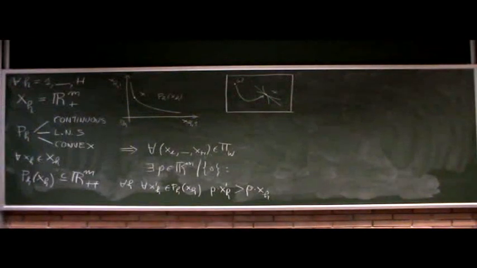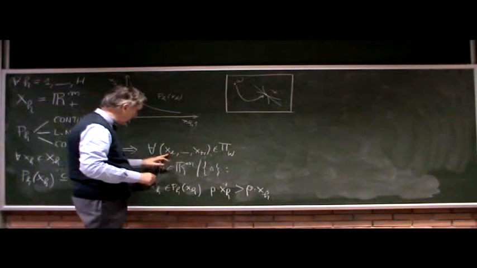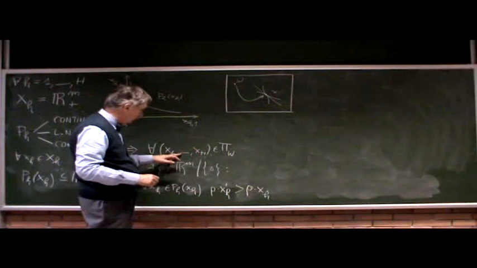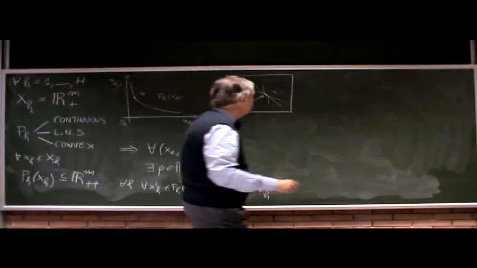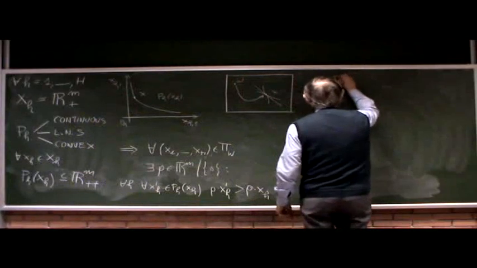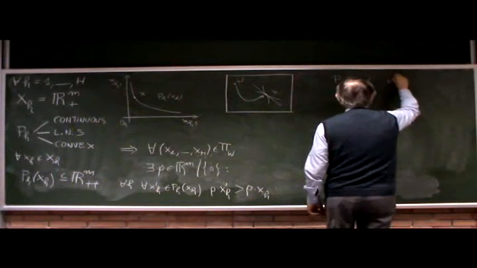Now, first step. Consider these points, x1 for the first subject, x2, etc., xh. And consider the set of all preferred elements of each point.